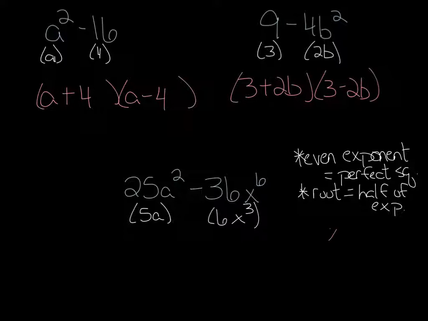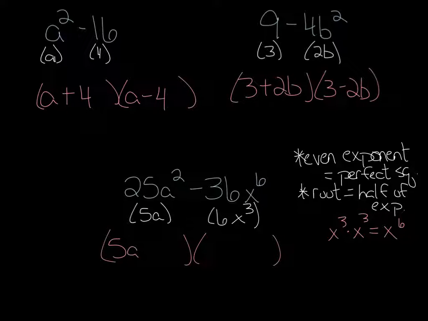Because, remember, when you multiply with the same base, you add the exponents, right? So 3 plus 3 is 6. That's why you take half. So there are our two roots. So we would say 5a plus 6x cubed and 5a minus 6x cubed. Remember, it doesn't matter where the plus and minus are, just the roots.